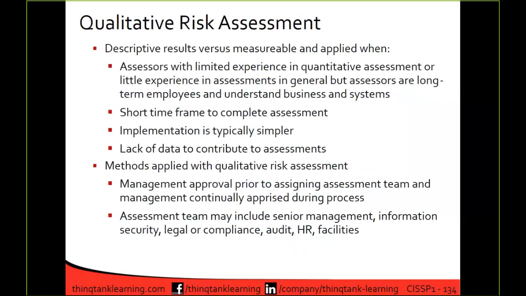Qualitative risk assessments. There are two things to consider here, and you will definitely be tested on this concept: qualitative versus quantitative risk assessment.